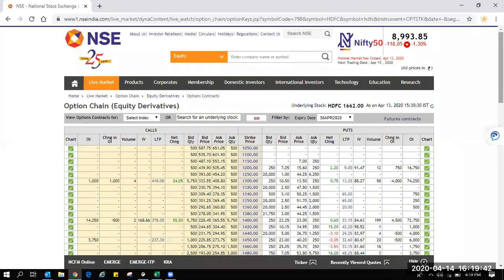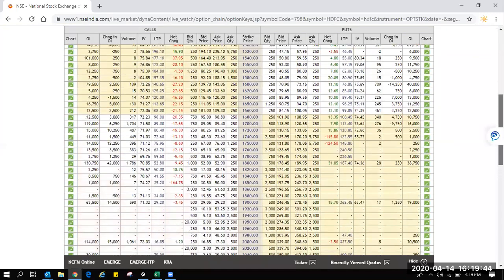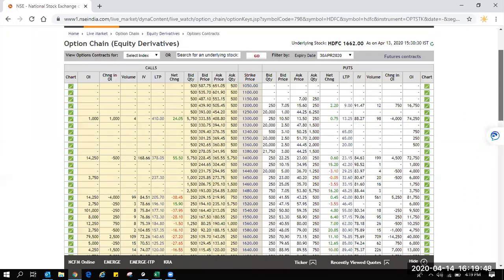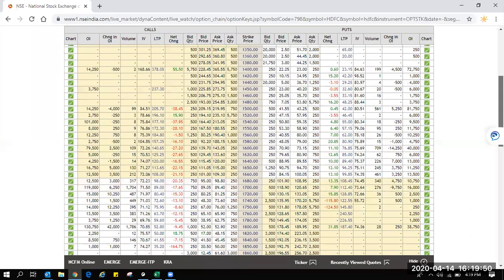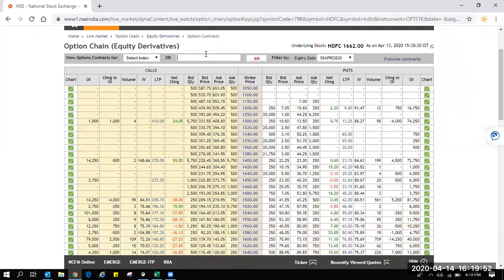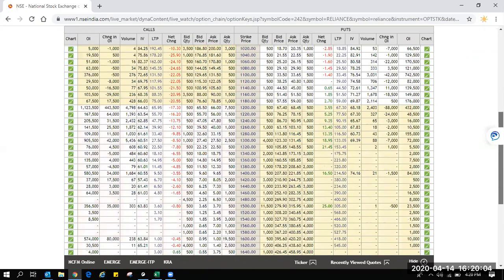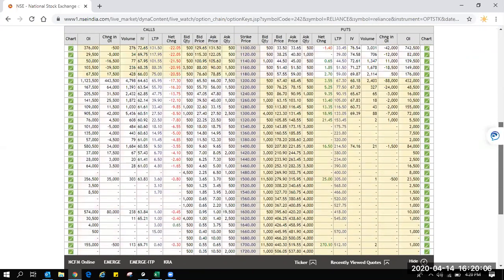So we're taking HDFC right now. We'll try to figure out what is happening in HDFC, or we can take everyone's favorite stock called Reliance. Okay, here we come. So we'll find the resistance from this.